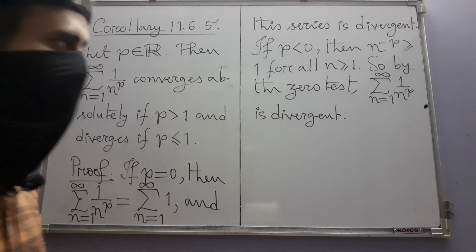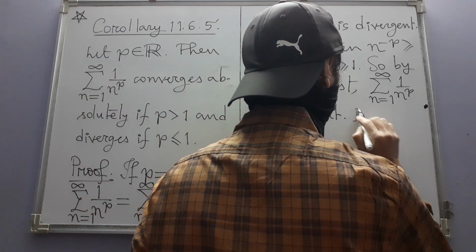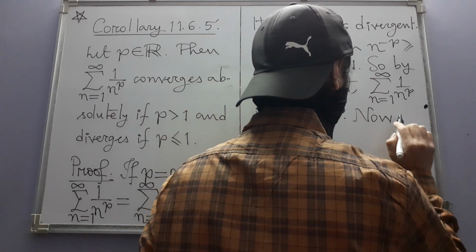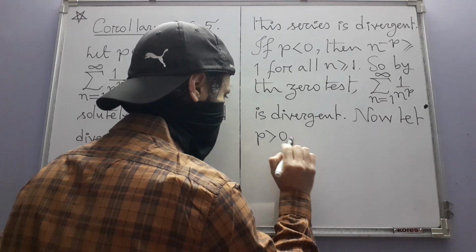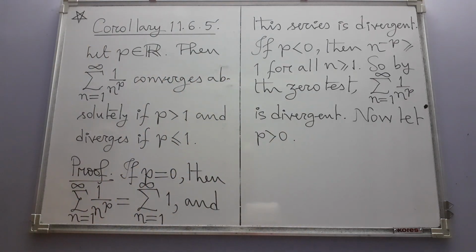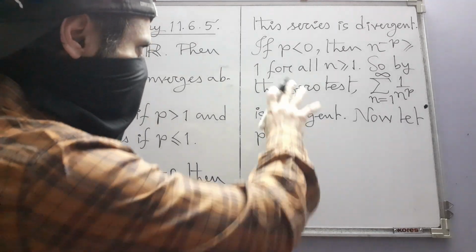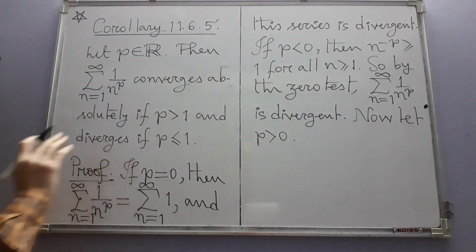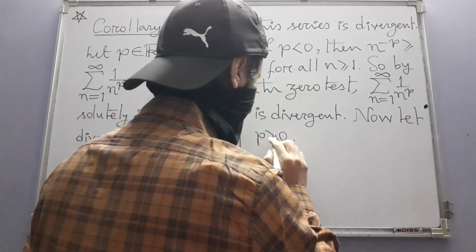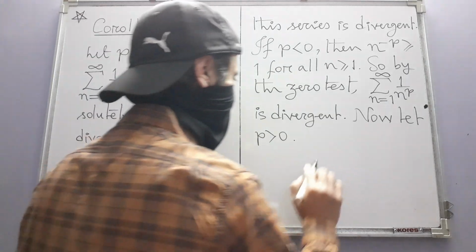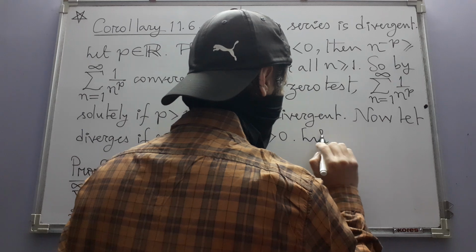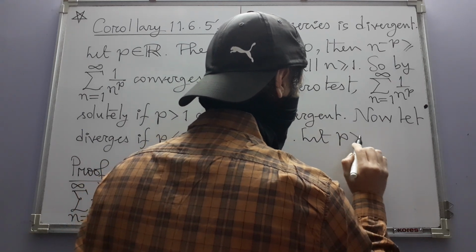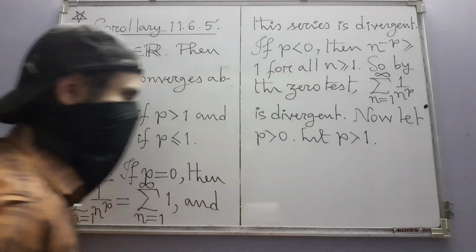Now, that means we can let p be positive, because the non-positive cases have been settled and all our conclusions are matching with the claim. So we can now assume p to be positive. Here also, let us first consider this case.